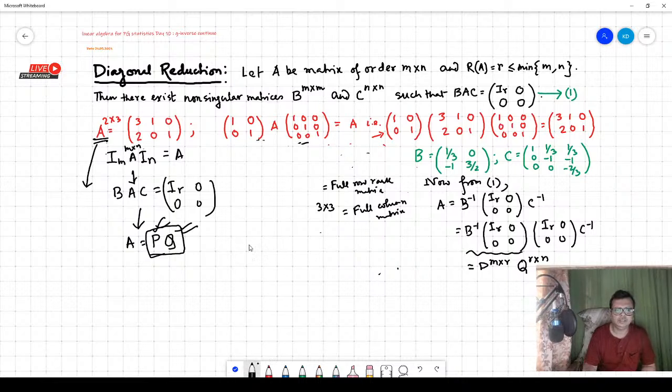So after getting P and Q, you know the formula of G inverse.